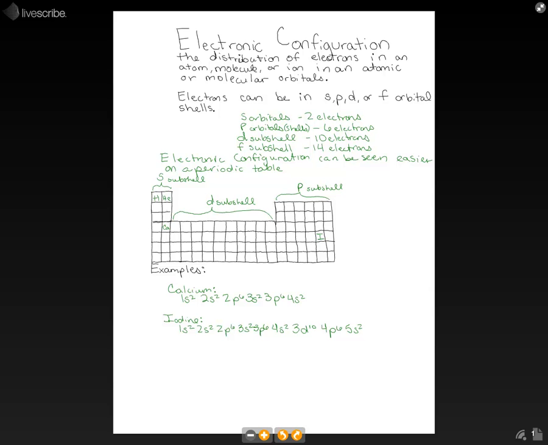We're going to repeat this again for the 4d10. And then we can see we're going to get all the way over to our right, and we're going to have 5p5. Because if we count through, we have 1, 2, 3, 4, 5 element places, and then we hit iodine.